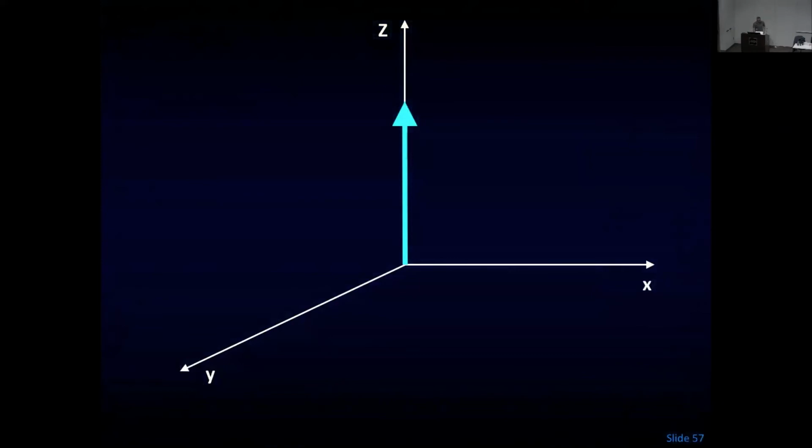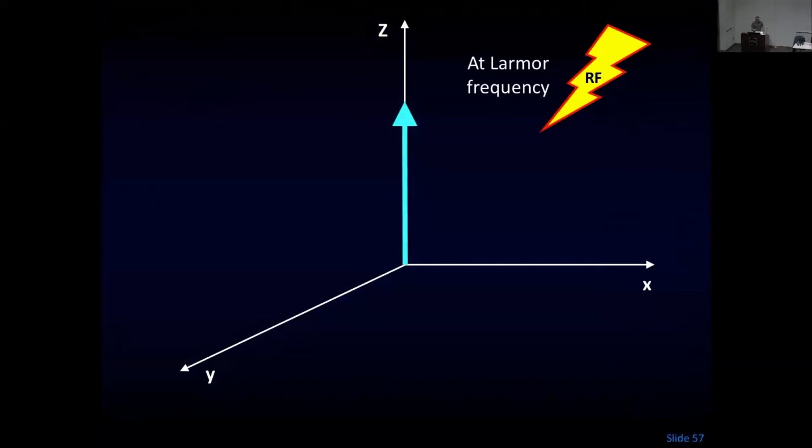In order to flip it into the XY plane, we are going to apply a radio frequency pulse. And that radio frequency pulse needs to be at the Larmor frequency in order for this M0 to actually experience it.